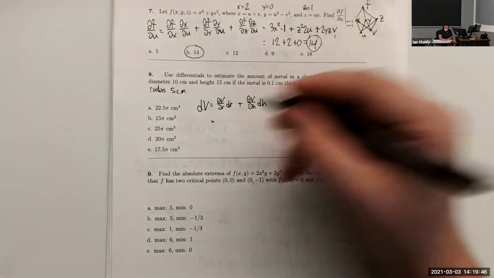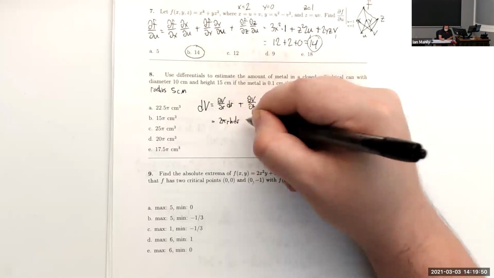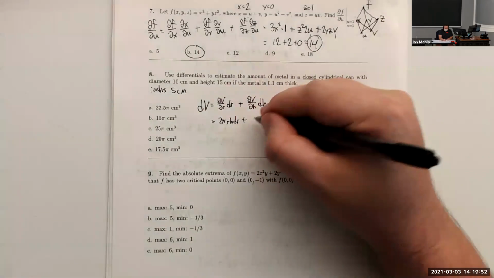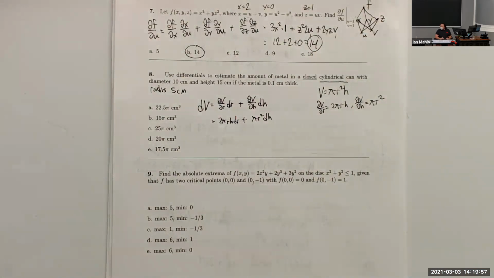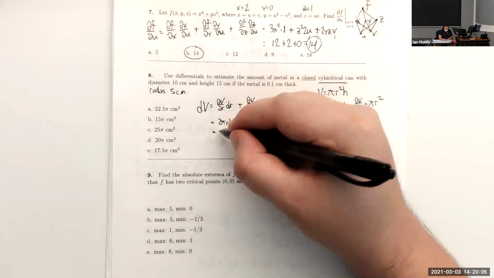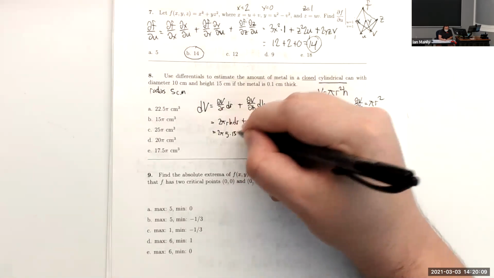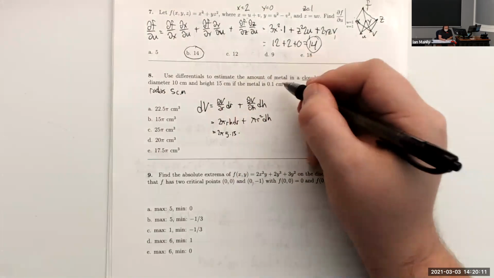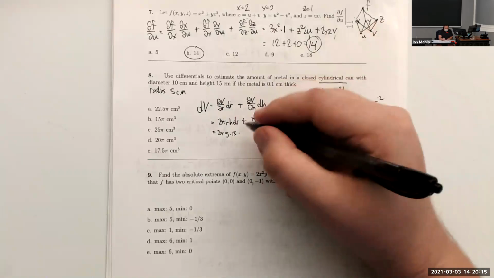All right, so we can plug these in here: 2 pi RH dr plus pi r squared dH. Then let's go ahead and plug in every number we have here. So we have 2 pi, the radius is 5, the height is 15, and dr, well, the change in our radius is at most 0.1 centimeters, because that's how thick this is going to be.